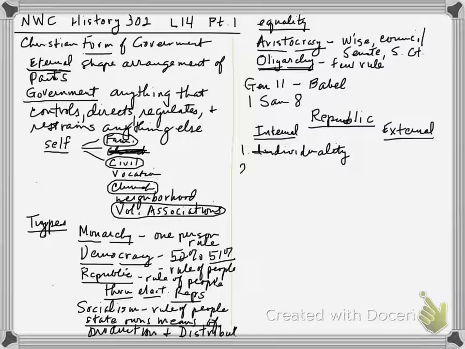Now, second principle is self-government. We need to really establish the fact that individual self-government is really at the basis of a republic. And of course, what does that mean? It means being directed, regulated, and controlled, not by others, but by yourself, and learning to govern yourself.